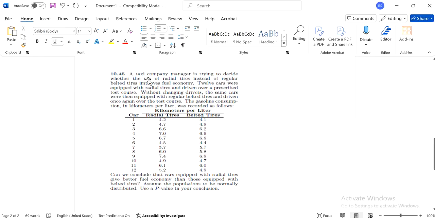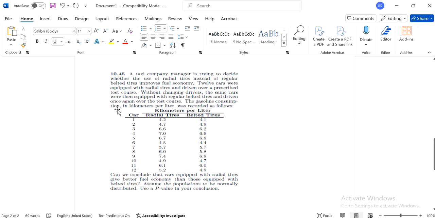A textile company manager is trying to decide whether the use of radial tires instead of regular belted tires improves fuel economy. 12 cars were equipped with radial tires and driven over a prescribed test course. Without changing drivers, the same cars were then equipped with regular belted tires and driven once again over the test course.